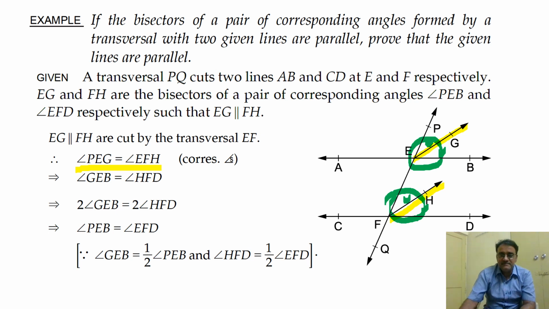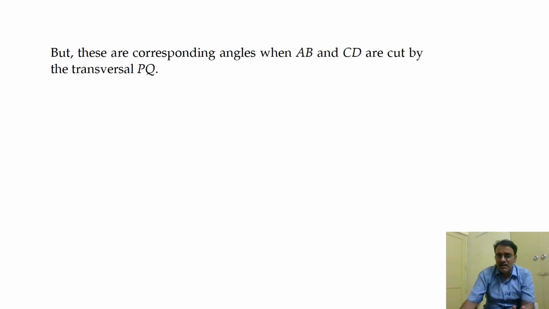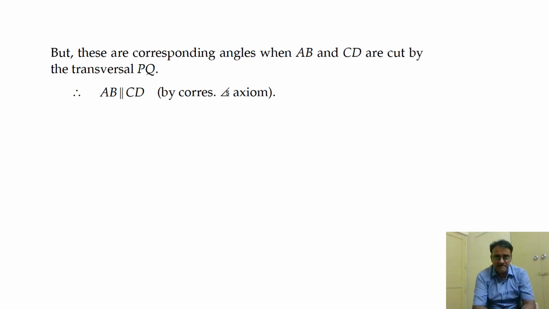Clear? But those two angles are corresponding angles when AB and CD are cut by the transversal PQ. So therefore AB is parallel to CD by the corresponding angles axiom.